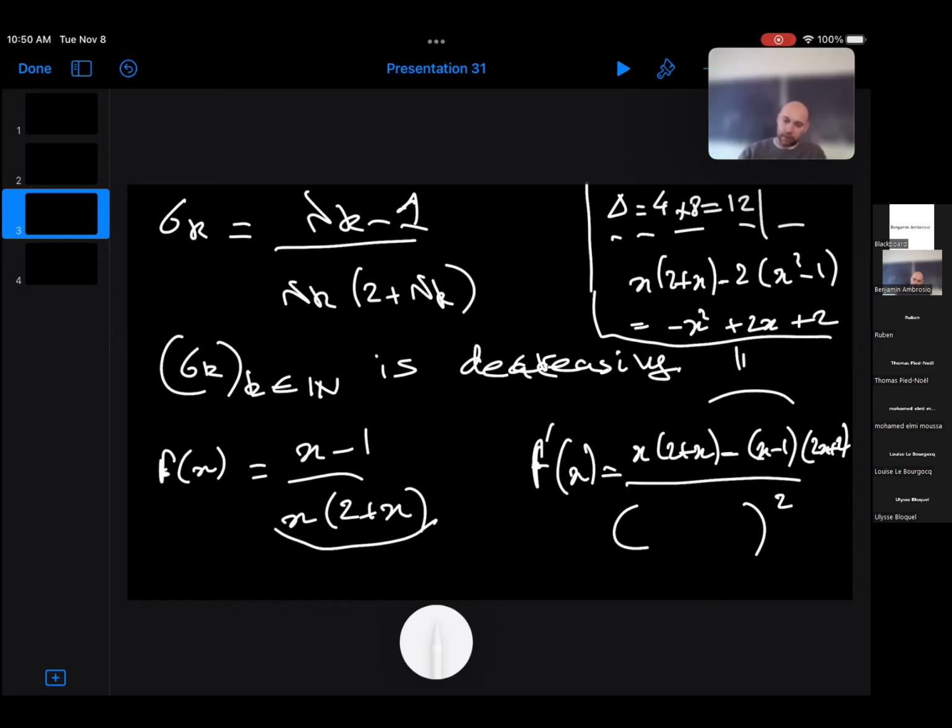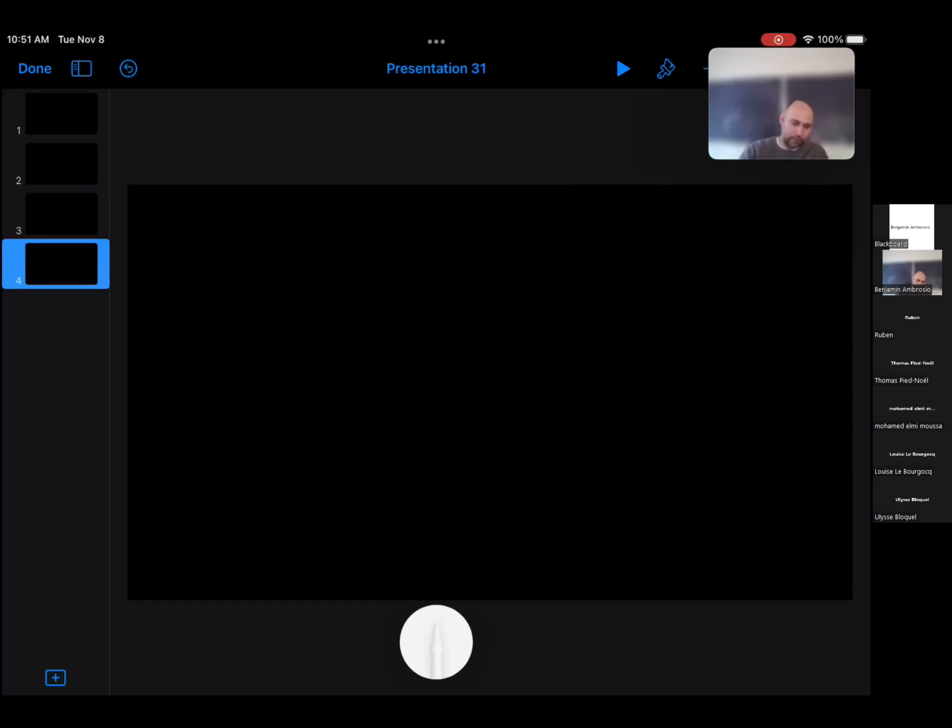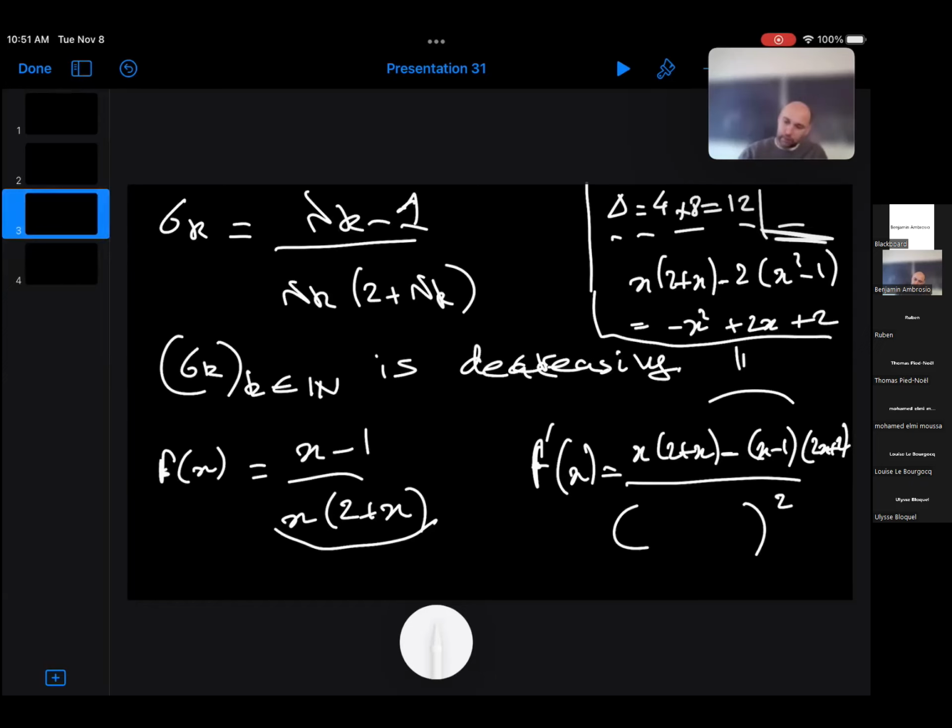So this has two roots, which are minus 2 plus or minus 2 square root of 3, divided by minus 2.